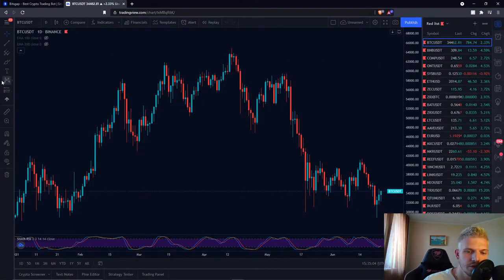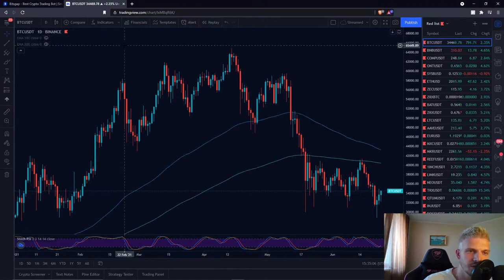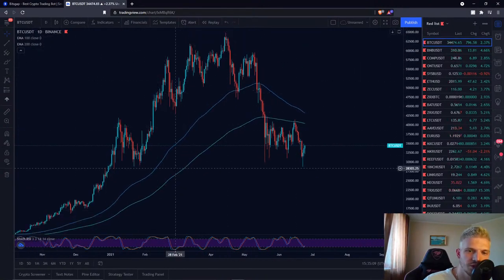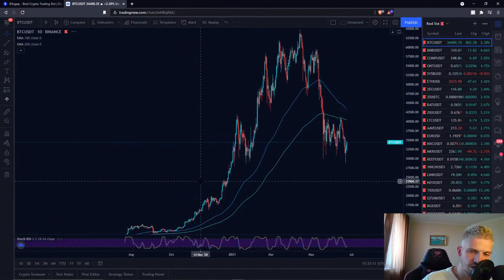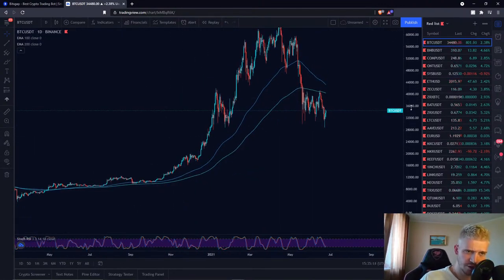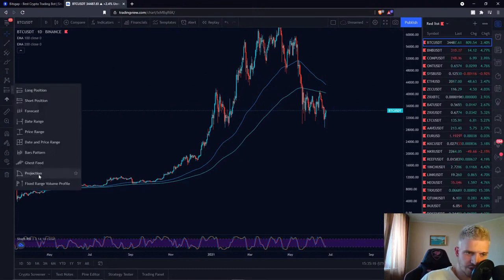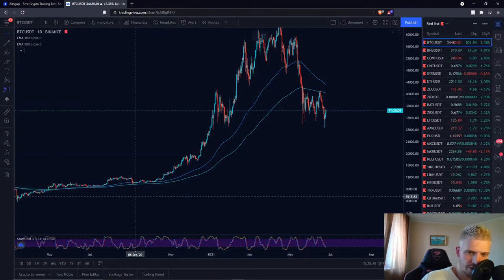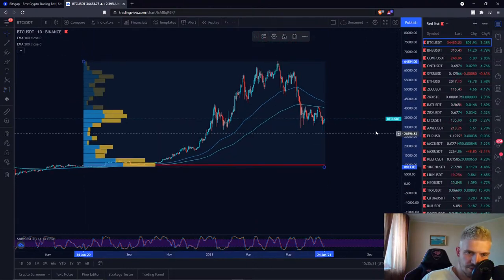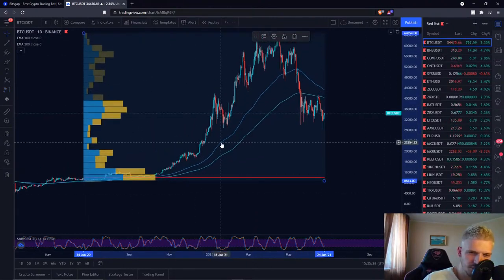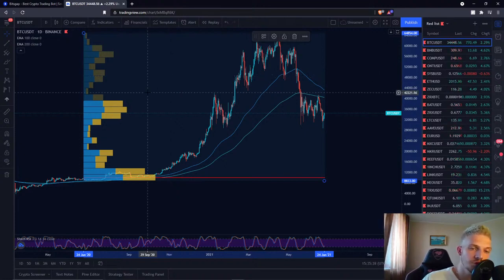If I go to TradingView right now, I have two EMAs, which are exponential moving averages, telling me about the strength or weakness of the trend. I'm also using things like the volume profile, which tells me at which price we had the most interest, and in most cases where we see the most volume being traded, this is where we can see support or resistance emerge.